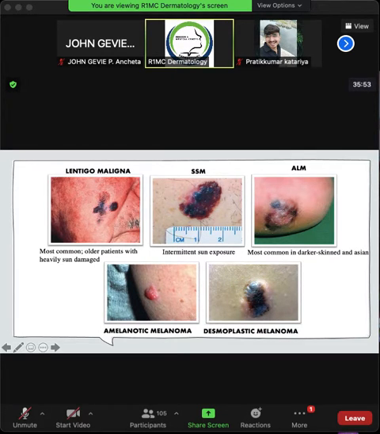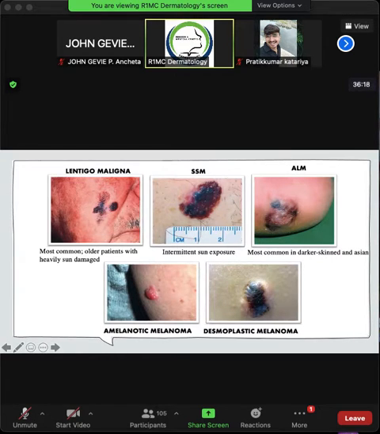We also have your nodular melanoma, your mucosal melanoma, etc. We also have your desmoplastic melanoma, which is your deeply infiltrating type of melanoma, usually having a spindle cell pattern histologically.